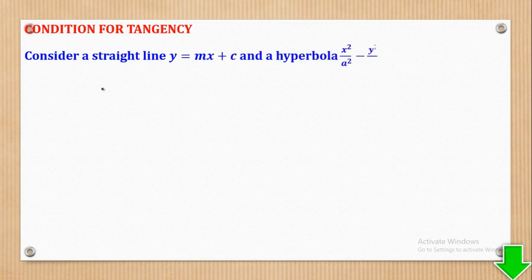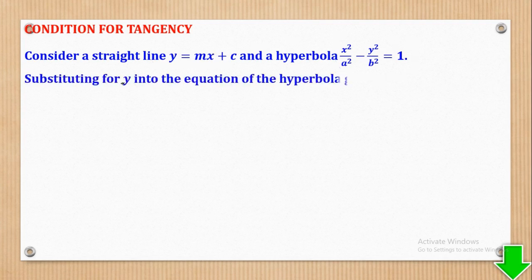So now we shall go to the condition for tangency. Here we want to prove that a given line is a tangent to a given hyperbola. So consider a straight line y equal to mx plus c and a hyperbola, this. Substituting for y into the equation of the hyperbola will give us that expression. So where there was y, we put there mx plus c.